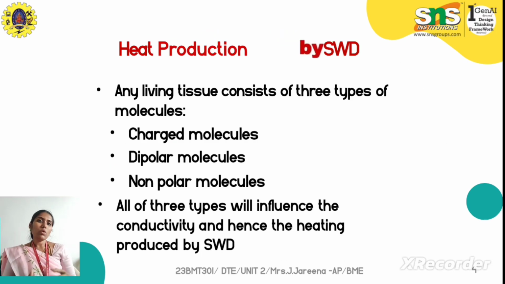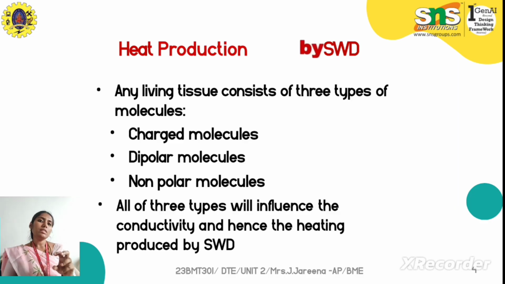So let's see how heat production happens in shortwave diathermy. Irrespective of the type, diathermy is going to produce a heating effect inside the body. That heating effect improves the blood circulation and treats the particular area that needs to be treated.